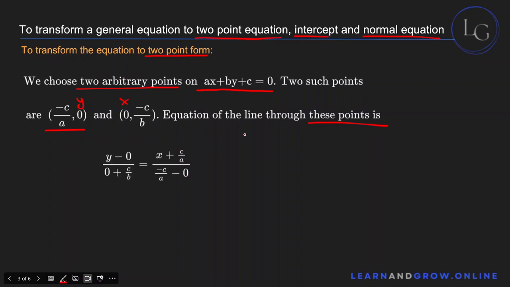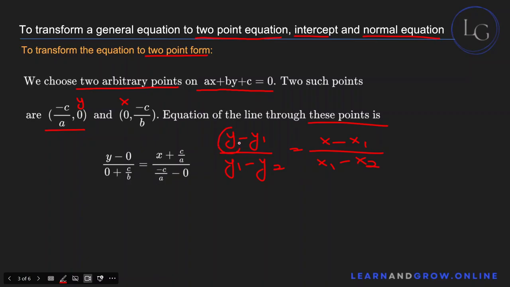And the equation of the line through these points is this. You know that the general way to write the equation of the two-point form is y minus y1 over y1 minus y2 is equal to x minus x1 over x1 minus x2.